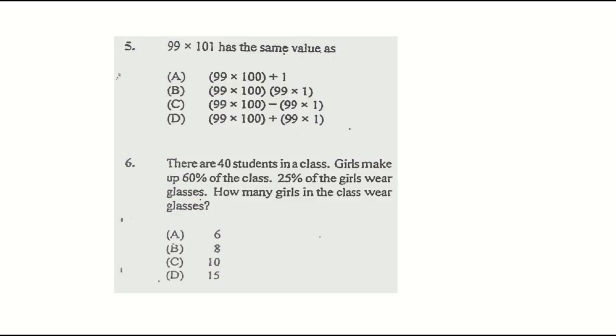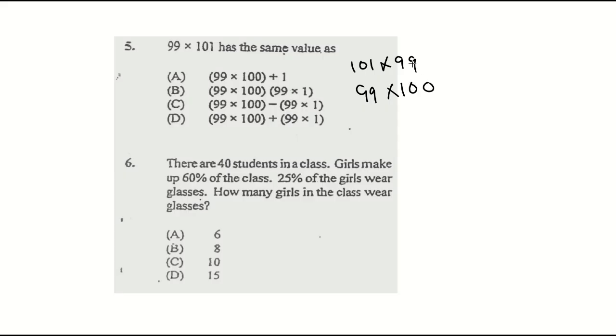This one here, 99 multiplied by 101 has the same value of, now you have to recognize that when you're multiplying, let's put 101 multiplied by 99. This would be 99 multiplied by how many hundreds?